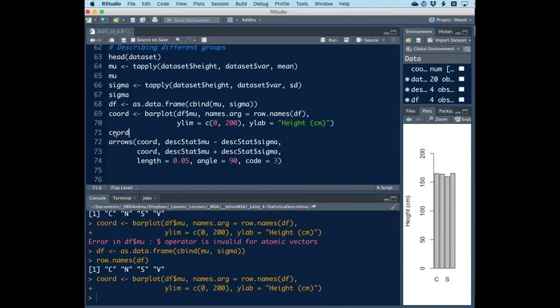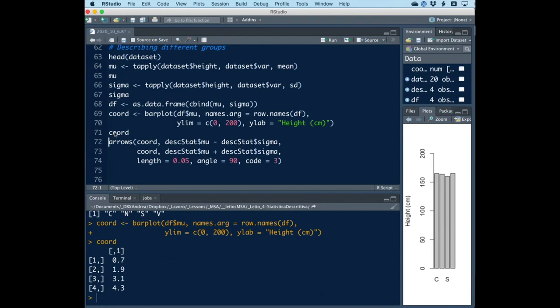Coord. These are the x-coordinates, the abscissas of the bars, right? So this is the central abscissa of each bar. It is clear that if we want to draw lines for standard deviations, we have to put them in the center of each bar. So we can use these coordinates here.